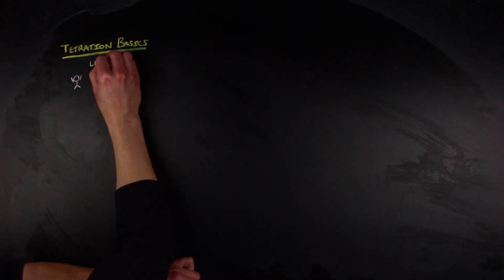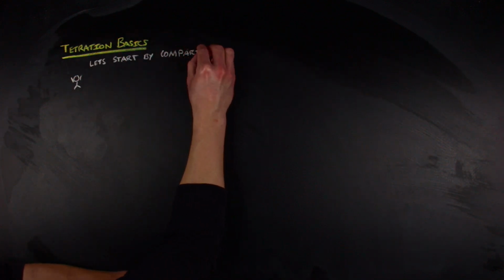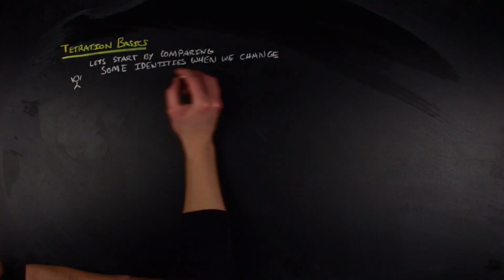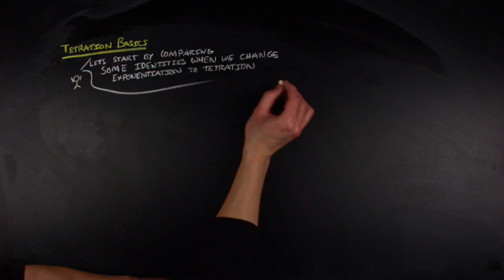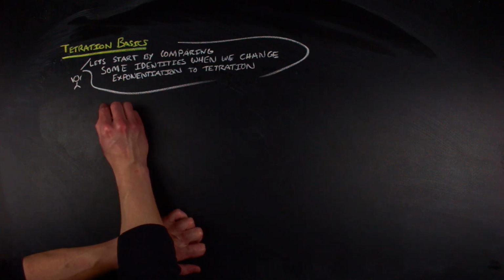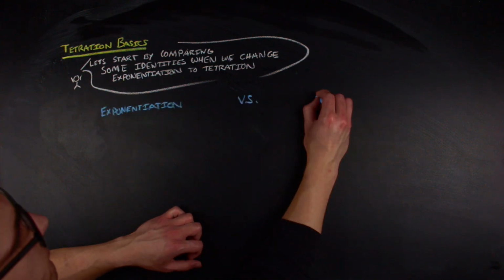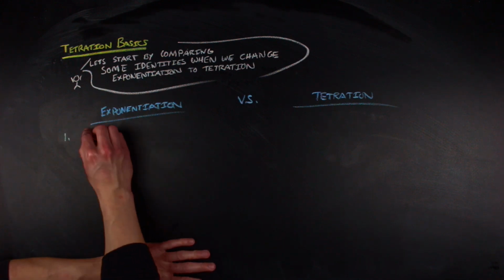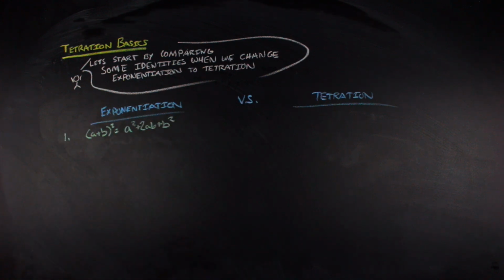So in these examples, we're going to be focusing on formulas from doing arithmetic with exponentiation and comparing that to what happens with tetration. For example, first off, if you take (a+b) squared, then you're going to get a squared plus 2ab plus b squared, as long as you're not in a field of characteristic 2 math.